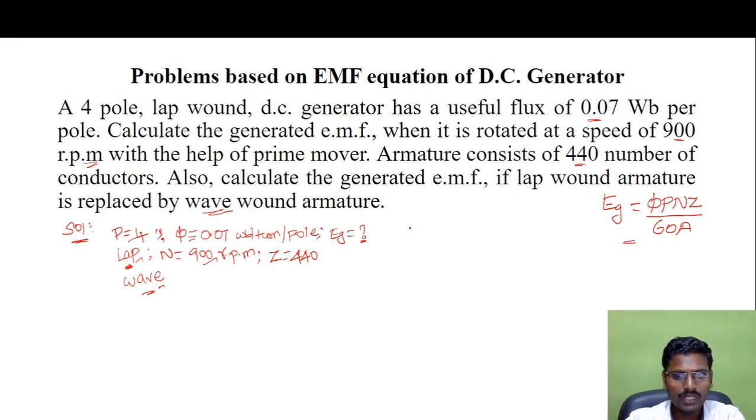We already know the formula for EG, which is EG is equal to ϕPNZ divided by 60A. Let me solve the problem for the first case, case 1, lap winding.